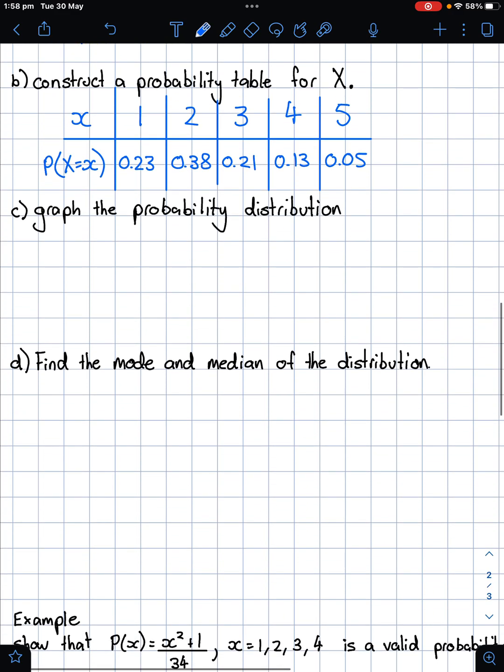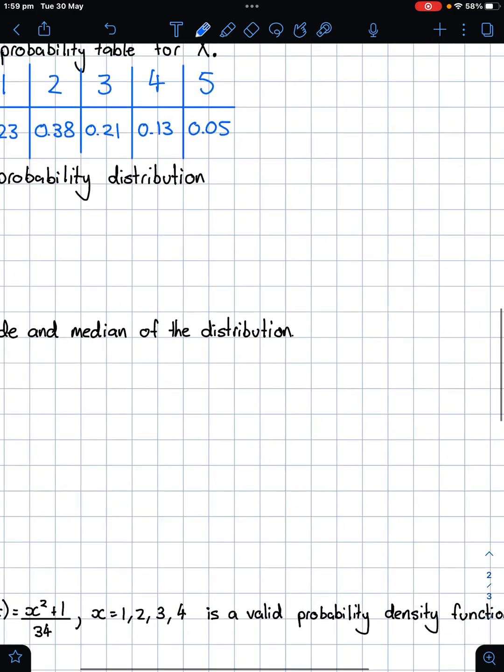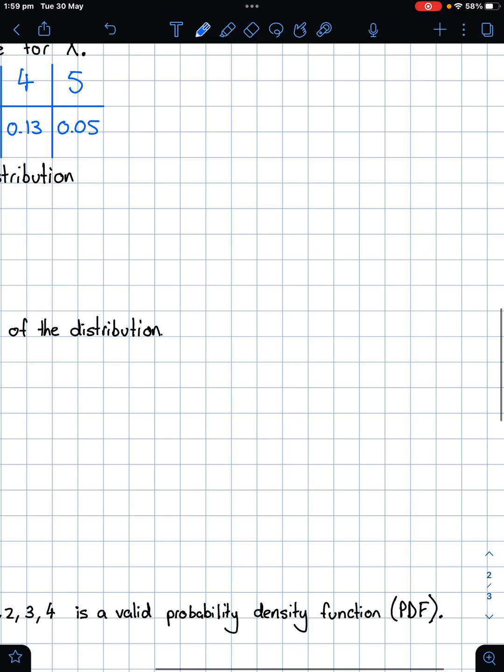All right, graph the probability distribution for these. So I've just come over, so I've got more room here. We put X on the bottom: 1 was our first option, then we had 2, 3, 4, and 5.